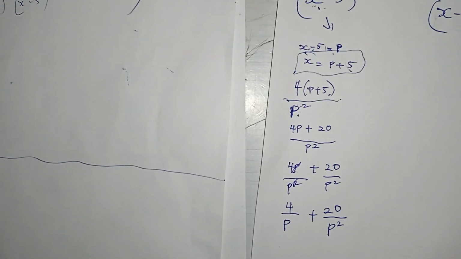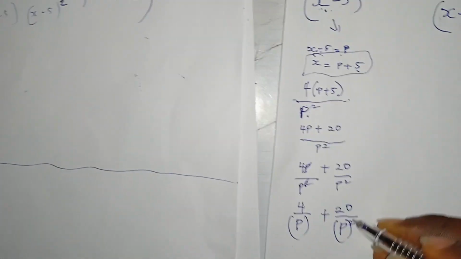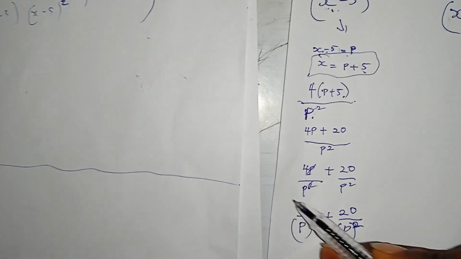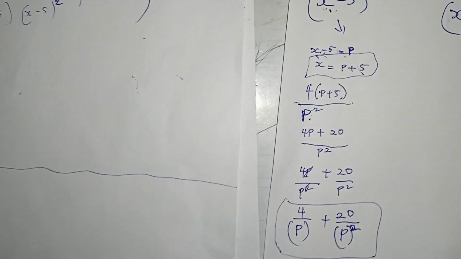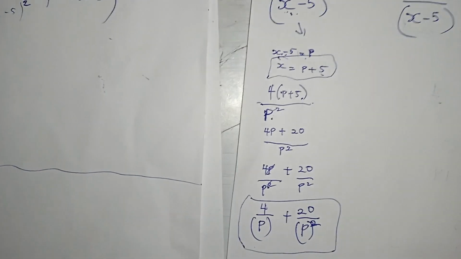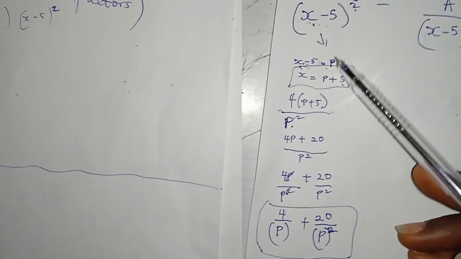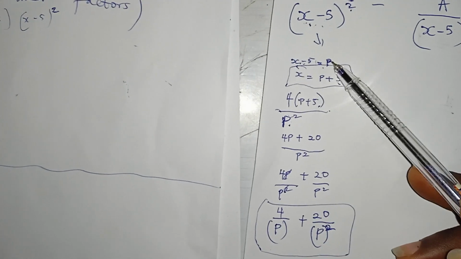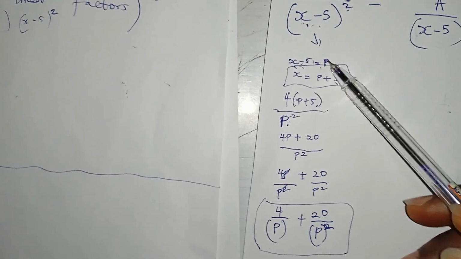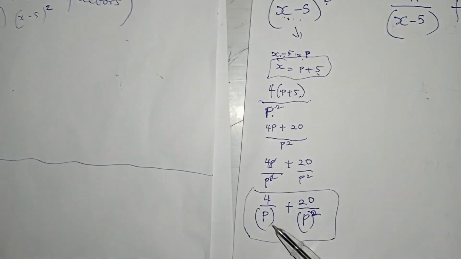That is the same reason why we have p, then p squared. That's the same approach we are using. Whichever thing you make equal to p, or whichever variable you make x equal to, you will definitely end up having this kind of setup.